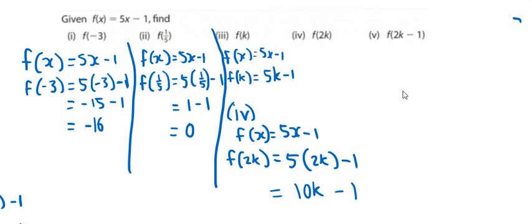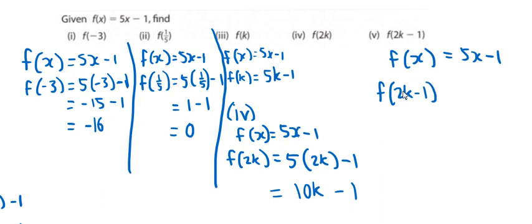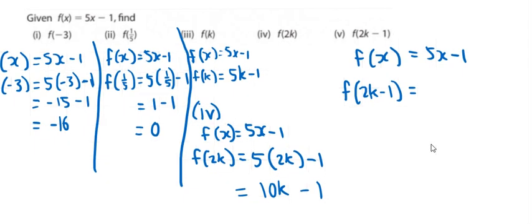The last one then, f of x again is 5x minus 1. This time you're putting in 2k minus 1 instead. So it's f of 2k minus 1. So that's going to be 5 multiplied by 2k minus 1, minus 1.